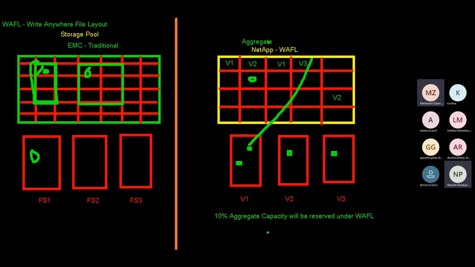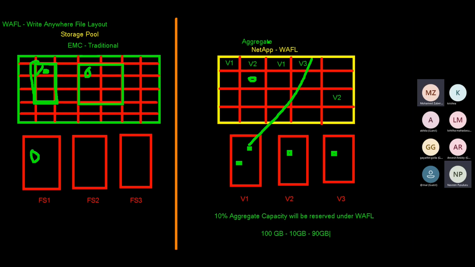For example, let's assume that I have created an aggregate with 100 GB. Out of that, 10%, meaning 10 GB, will be reserved under WAFL. So only 90 GB aggregate will be created, and 90 GB will be the available space.